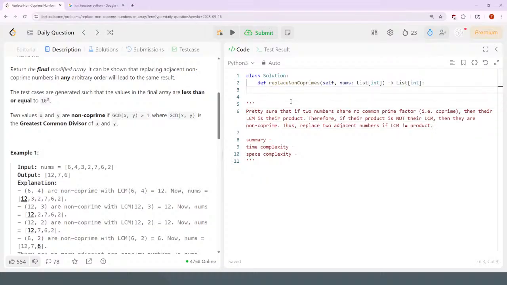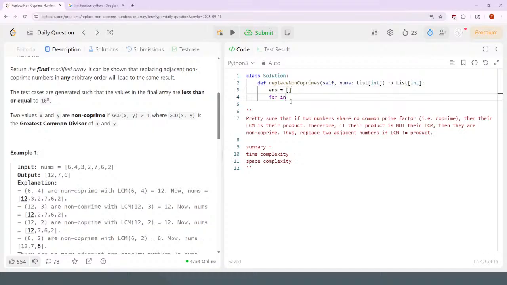Okay, so answer array for index in range n-1.